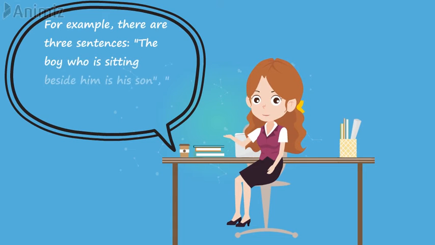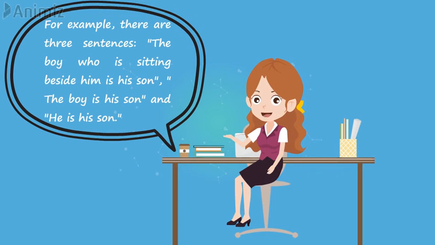For example, there are three sentences: the boy who is sitting beside him is his son, the boy is his son and he is his son.